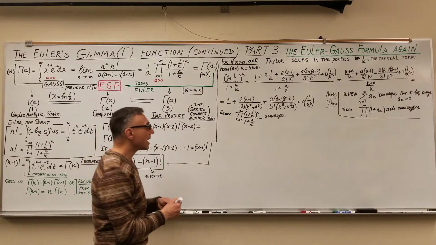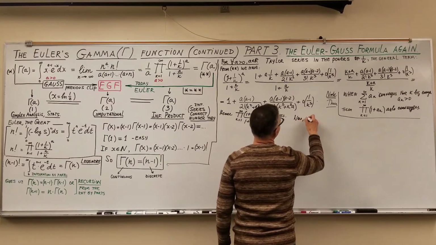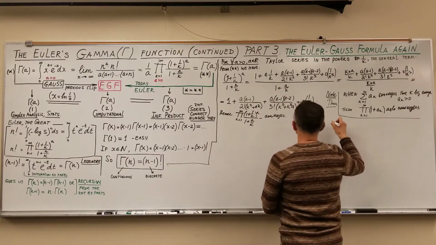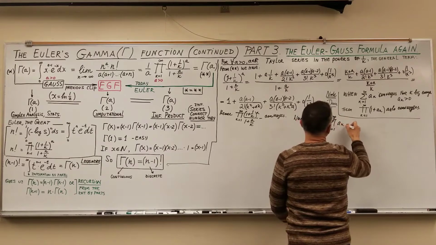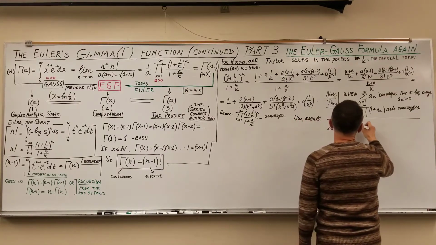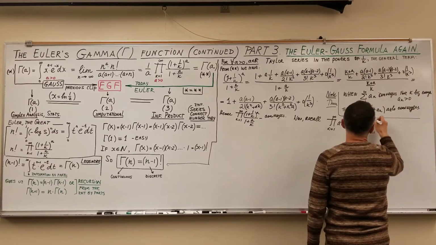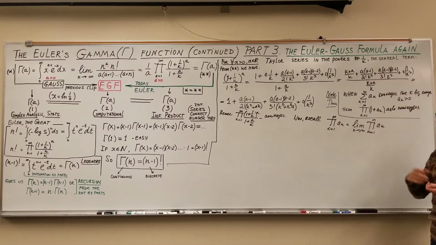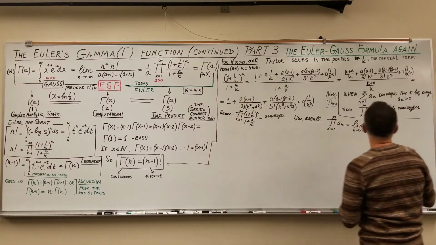Now let's modify it. Now recall that the infinite product, k from 1 to infinity, of ak is actually equal to the limit of the partial product of ak, k from 1 to n, when n goes to infinity. So we'll just look at the partial product of this infinite product and we'll modify it.